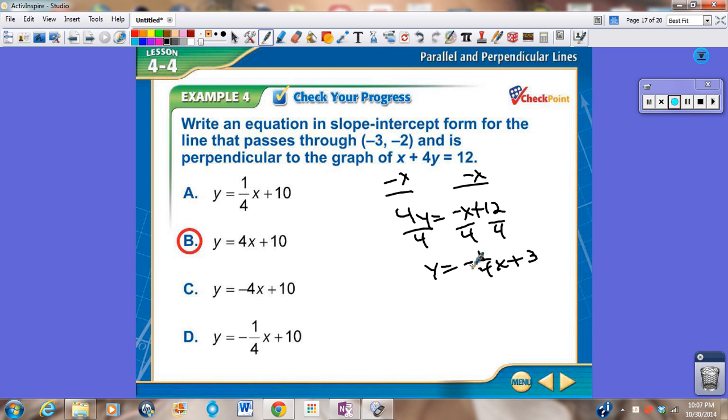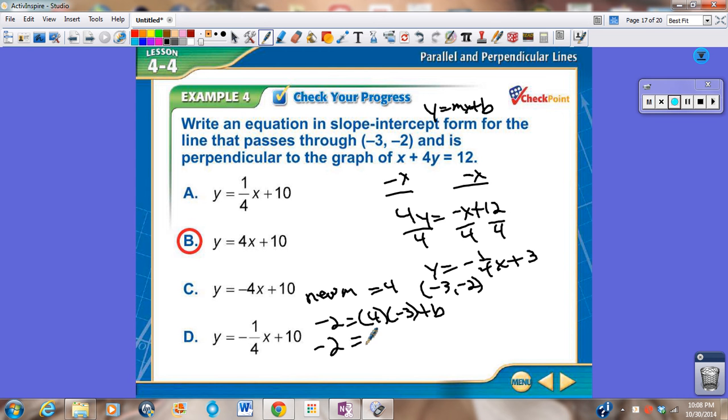I want to flip it and change the sign. So my new slope is 4. I took -1/4, I flipped it, I changed the sign. And then I'm using the ordered pair -3, -2. So you're going to have, using y equals mx plus b, -2 equals 4 times -3 plus b. -2 equals -12 plus b.